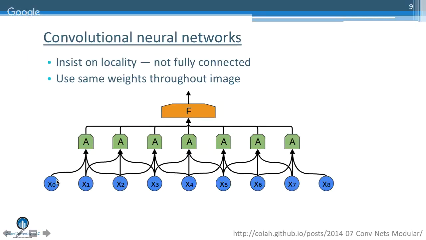One way to think about this is that I'm going to take a set of 3 weights and slide it across this vector, and at each point, take the same 3 weights, do the multiplication, and get a value. So for these 3, I get this value.